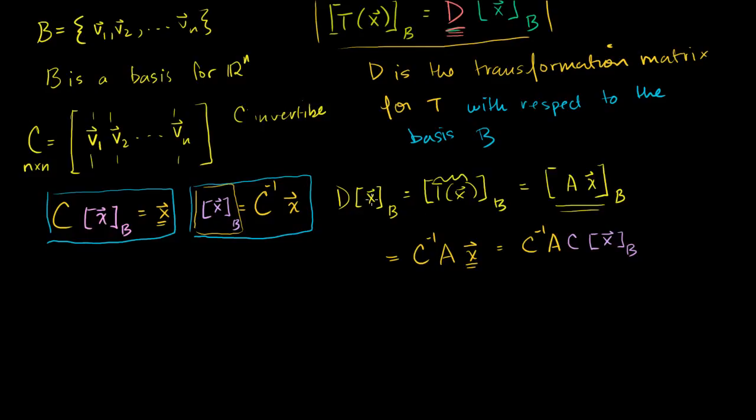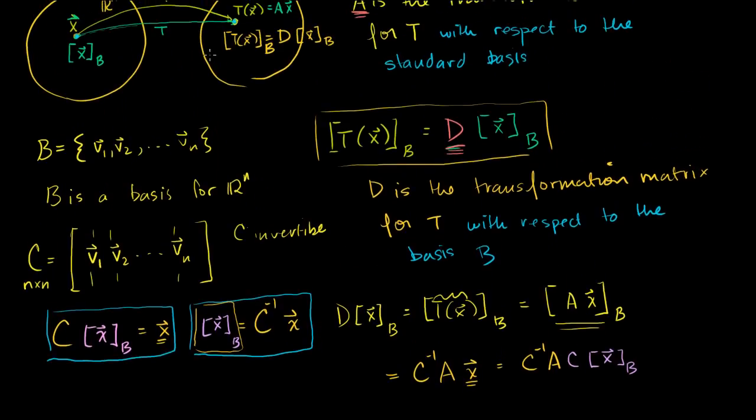If I start off with the non-standard representation of x, or x in coordinates with respect to B, I multiply them times D. So if I start with this, I multiply them times D, I get to that point right there. So this right there is the same thing as this point right there.